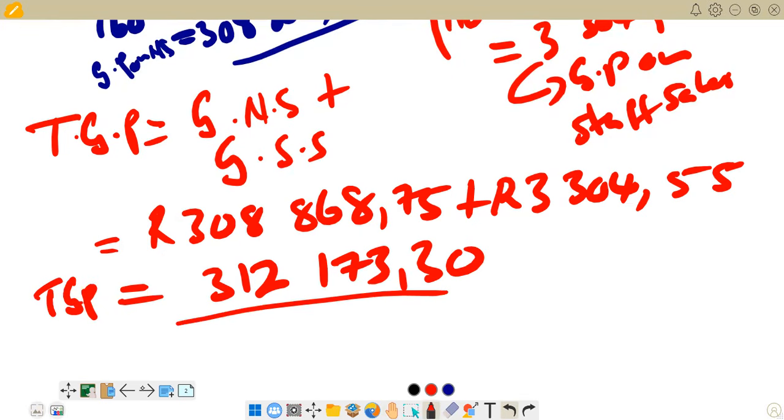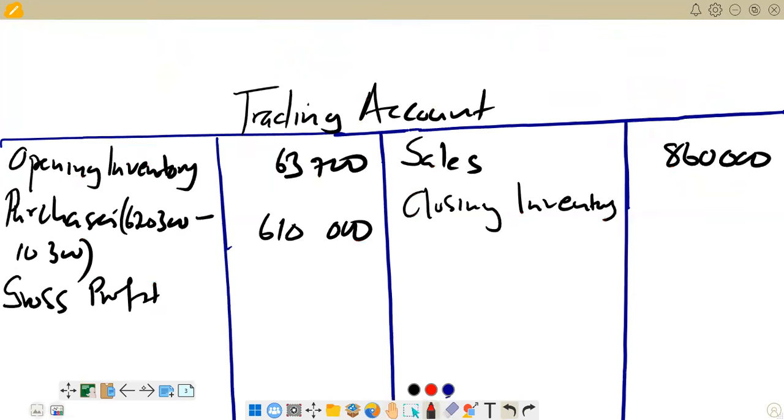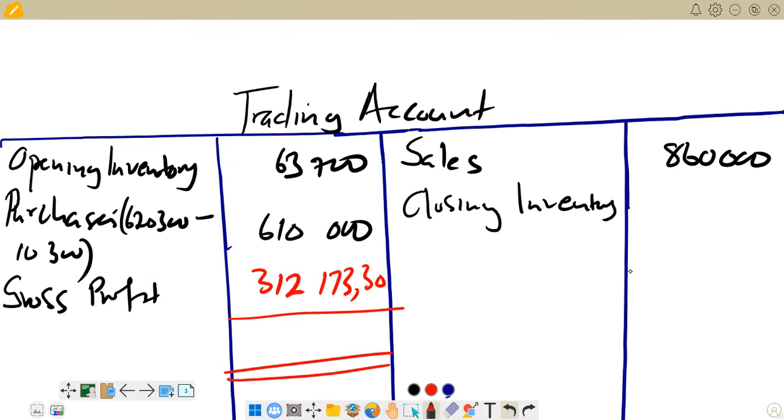So we take that figure, we go to the trading account, we put that figure here as our gross profit, 312,173.30. With that, we can now put our double lines to find the balancing figure for closing inventory.